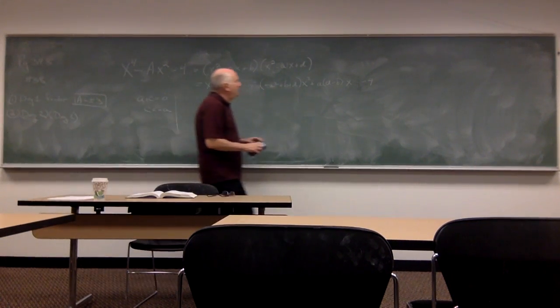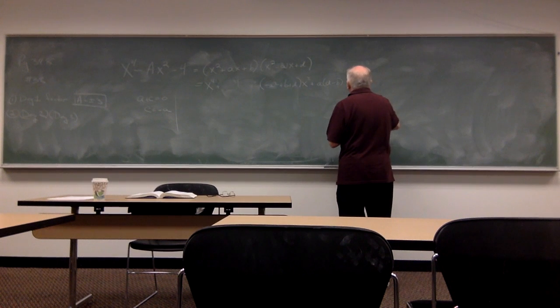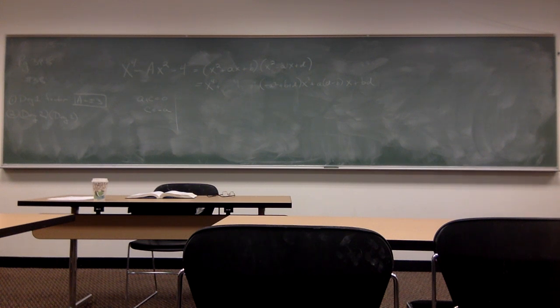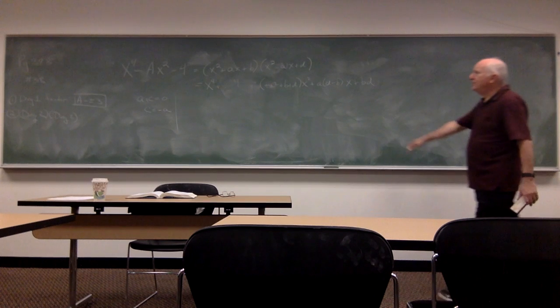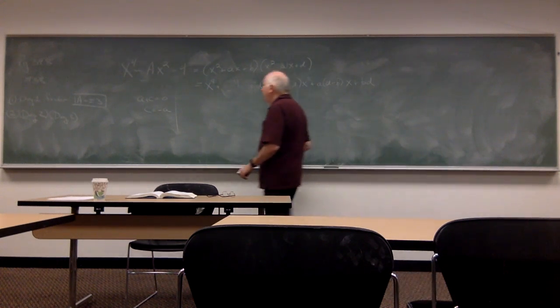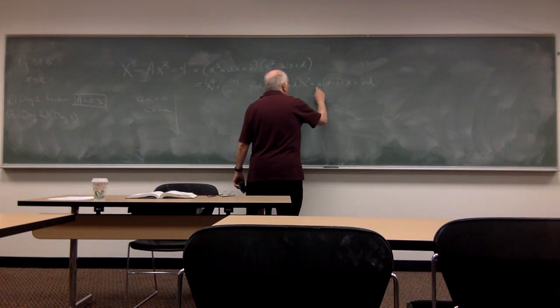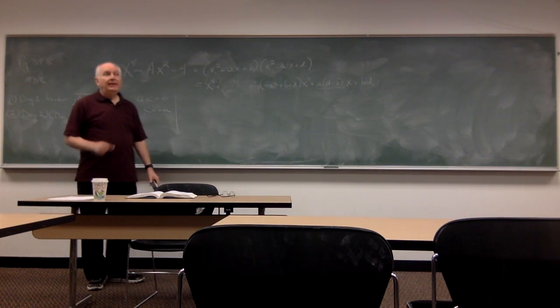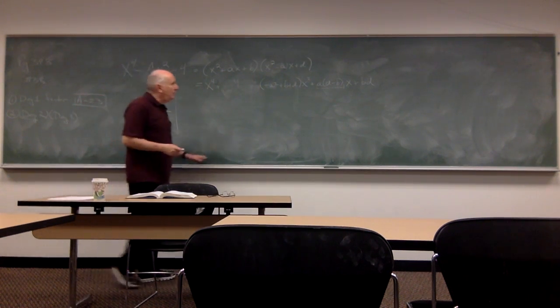Sorry, this should have been written as b. So we've got 3 unknowns, a, b, and d, and 3 equations. Well, again, the nice thing is there's no x term, so that says a times d minus b is equal to 0. And that splits into 2 cases.